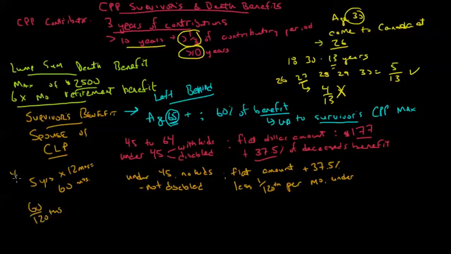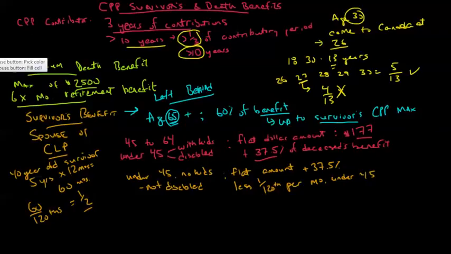So if you leave behind a 40-year-old survivor, then 60/120ths is half. That person is receiving half of this flat amount plus 37.5%. So we're going to just look at how much younger than 45 that person is.